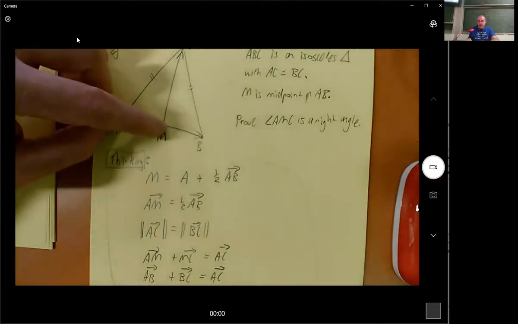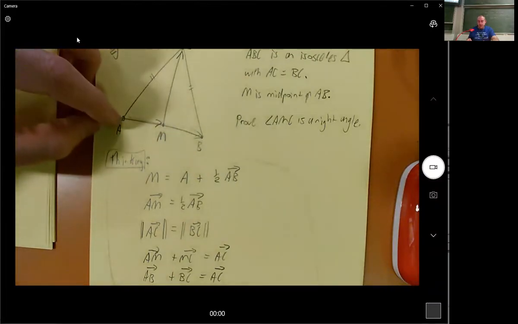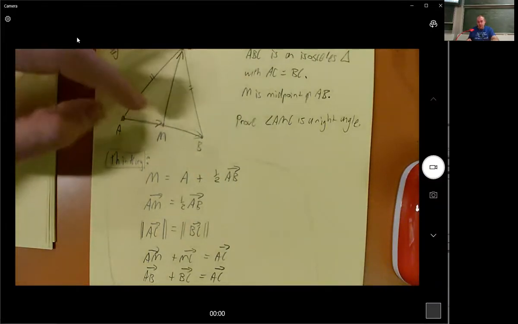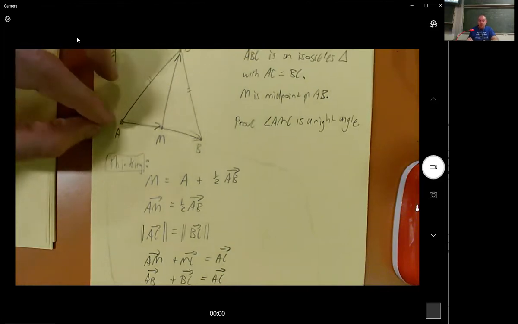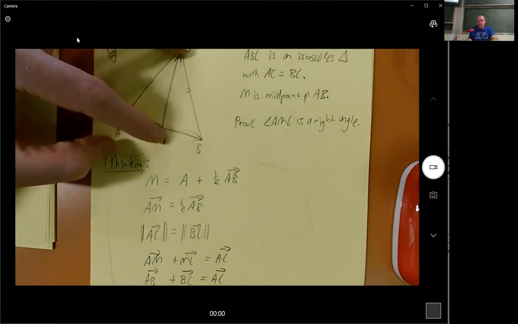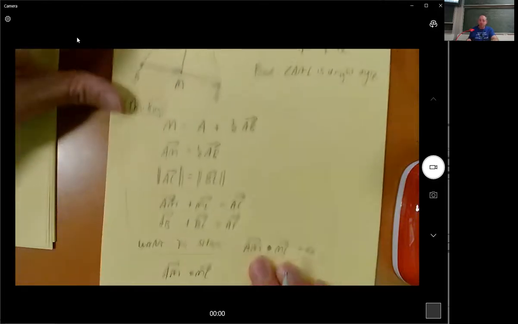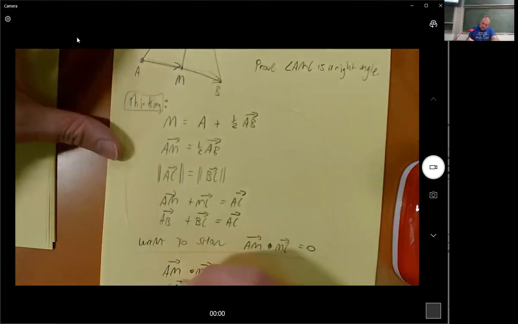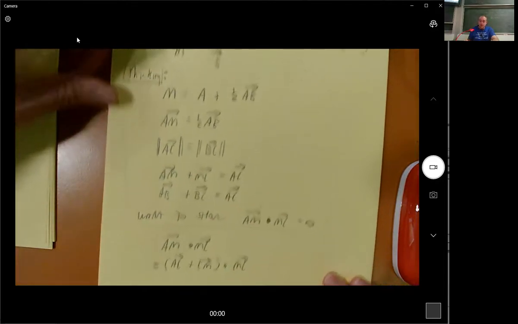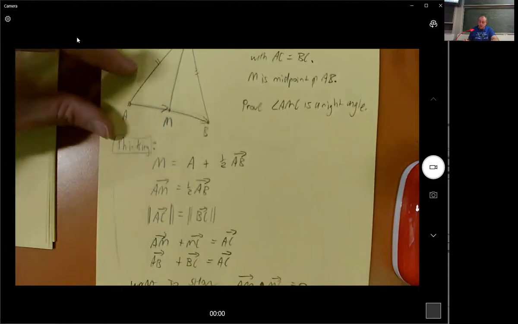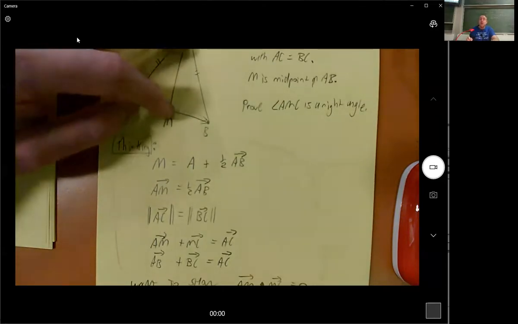So AM is the same as, I do know that AM is AC plus CM. So this is AC plus CM. And CM is minus MC because they're in opposite directions.